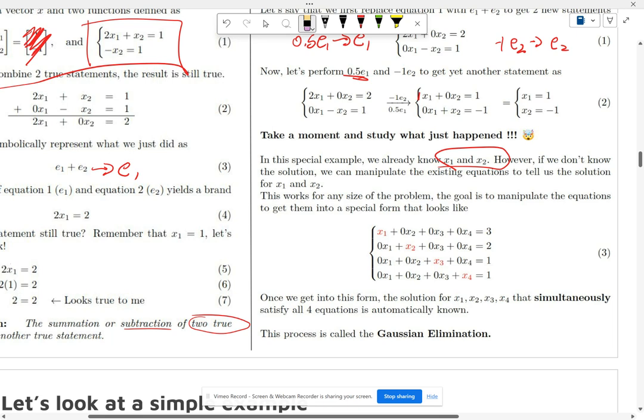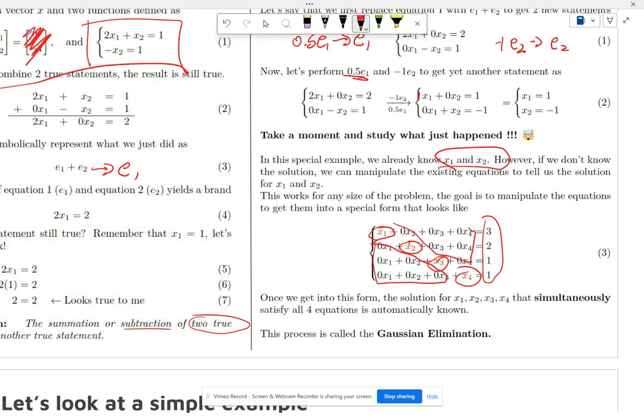So you keep manipulating them so that you end up with the diagonal terms, x1, x2, x3, x4, equal to whatever value here, because all the off-diagonal terms are 0. And once you reach this point, you know exactly what x1, x2, x3, x4 are.